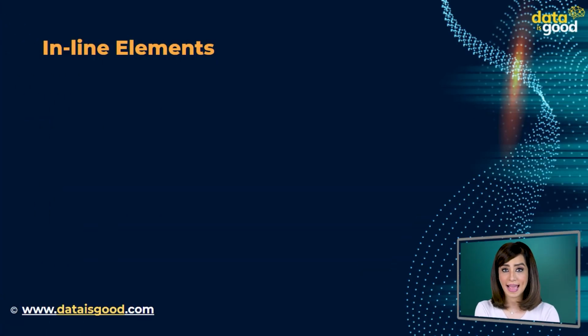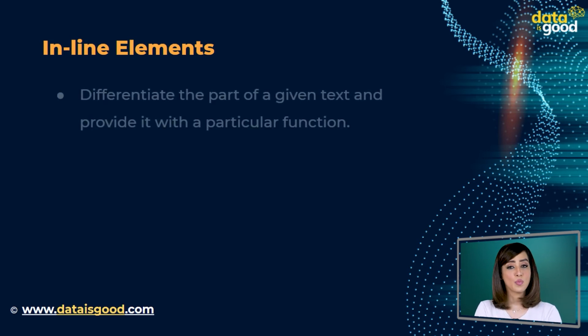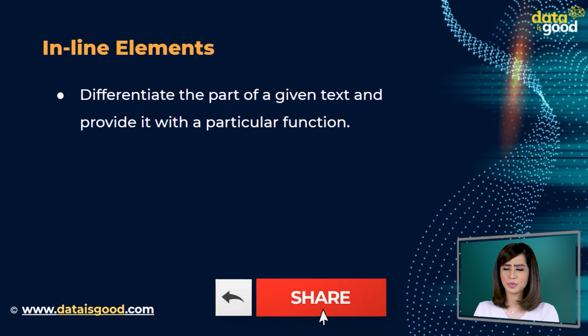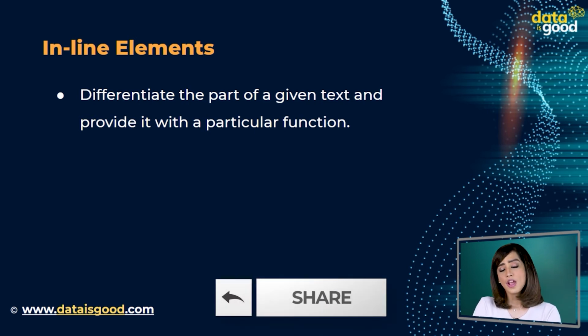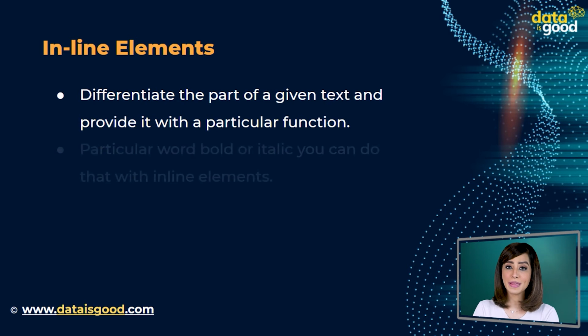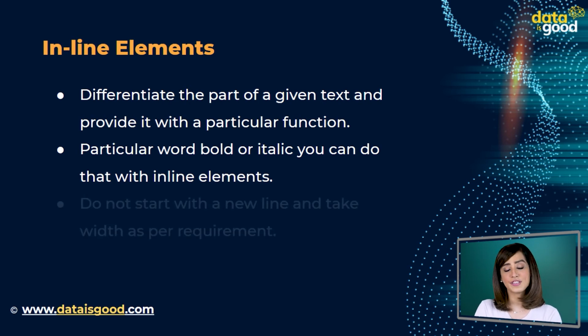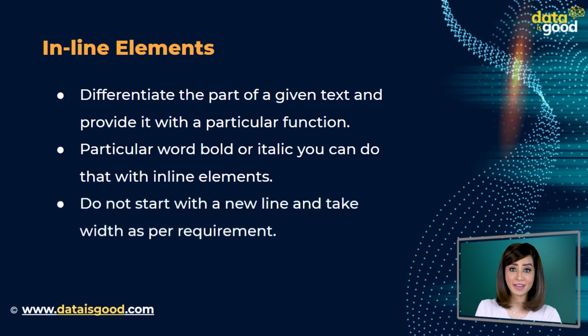Now we'll understand what are inline elements. Inline elements are those elements which differentiate the part of a given text and provide it with a particular function. For example, if you want to make any particular word bold or italic, you can do that with inline elements. These elements do not start with a new line and take width as per requirement.